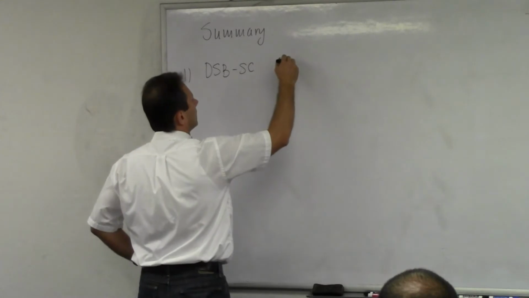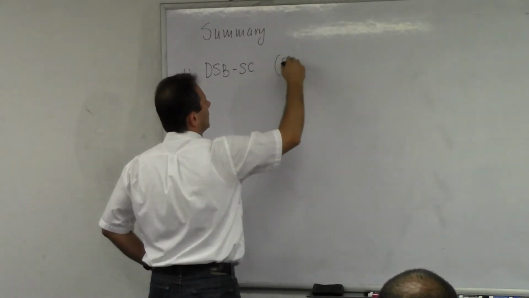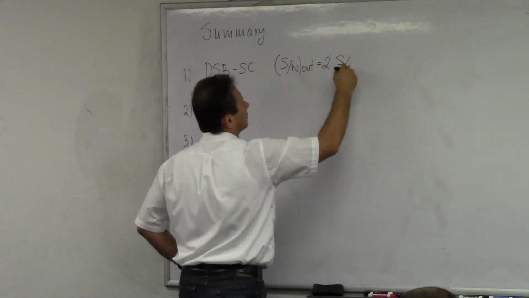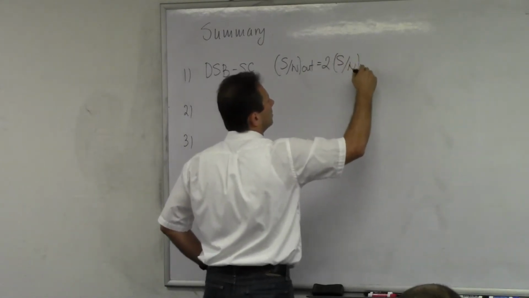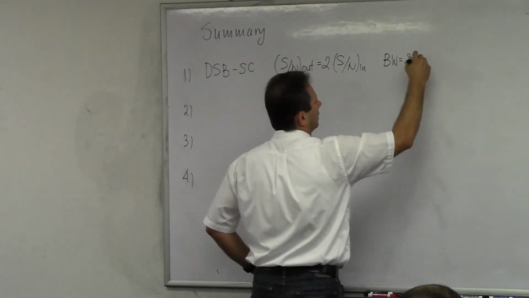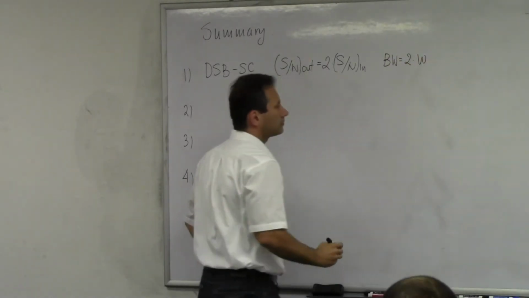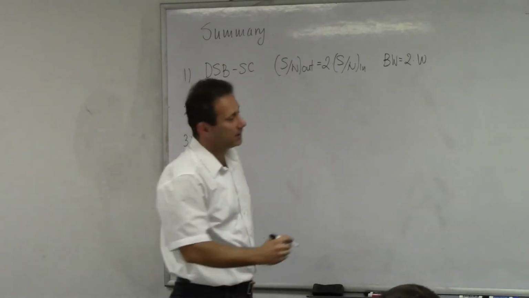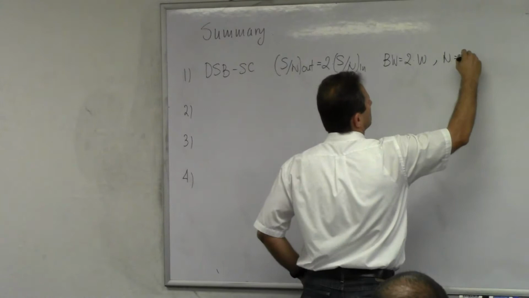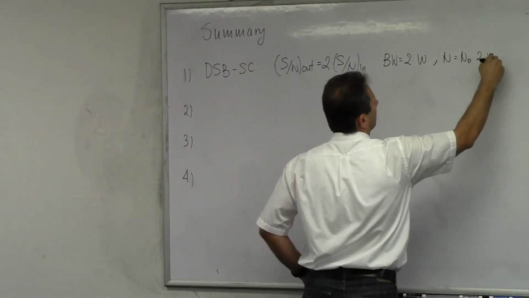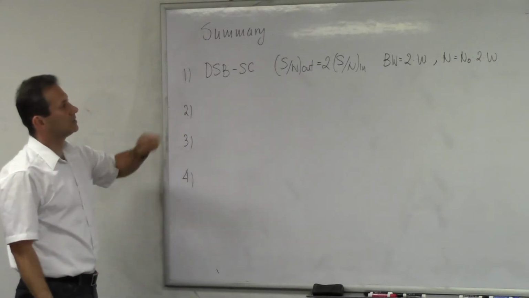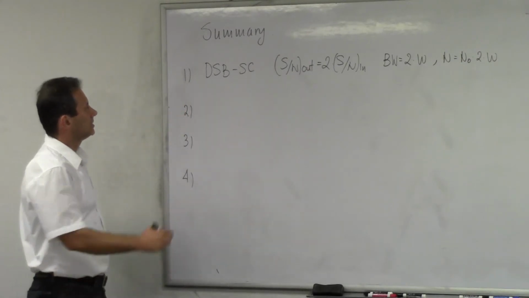So this is a signal to noise ratio at the output. In this case, it was 2 times the signal to noise ratio at the input, and your bandwidth was 2W, double. Right? Also, we can say the power of the noise is N0 times 2W, where N0 is the power spectral density of the noise. So this is the result for double sideband suppressed carrier.